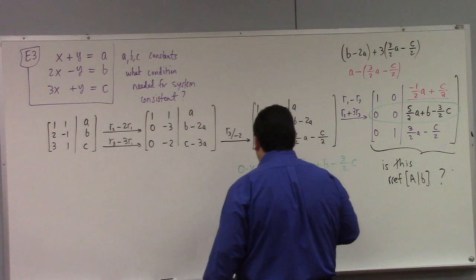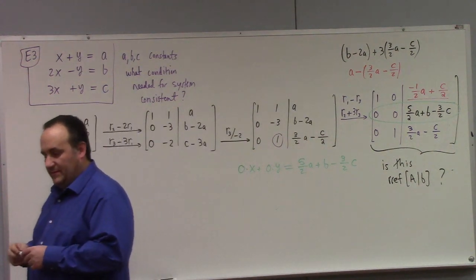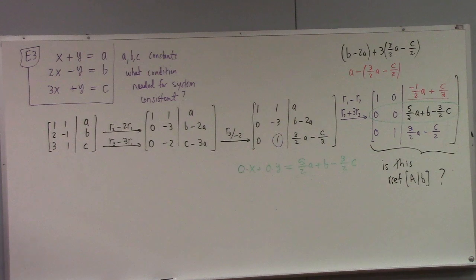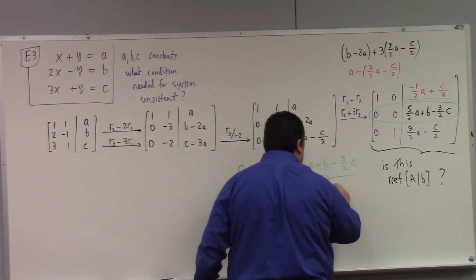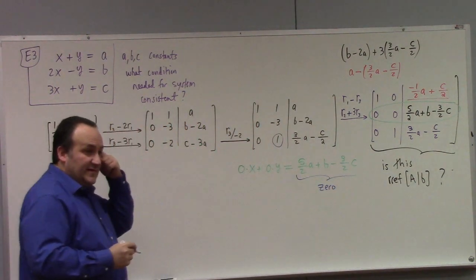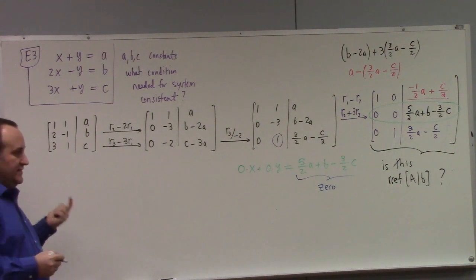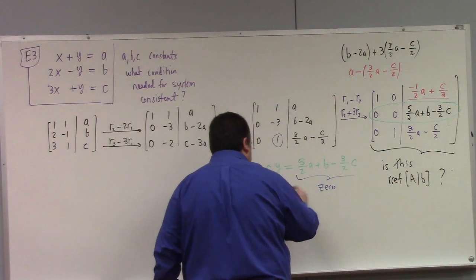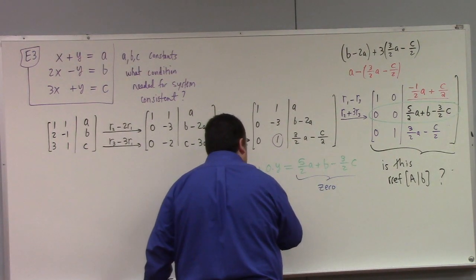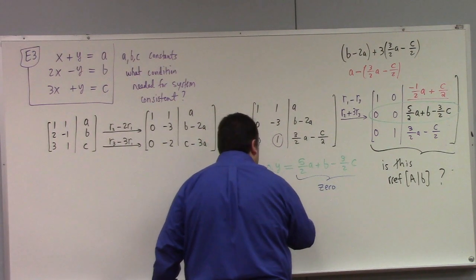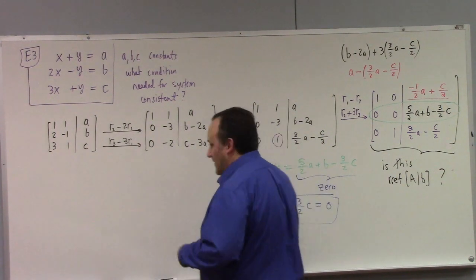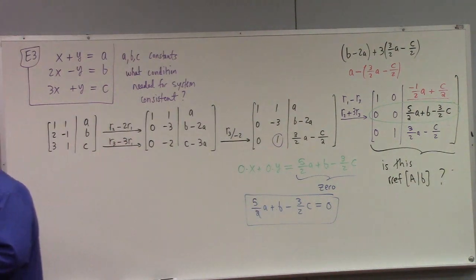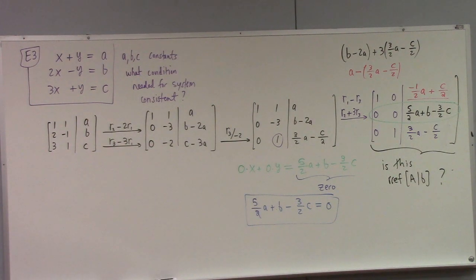Well, that's hard to do unless there's only one way to salvage that: we must have that this is 0. In order for this system to be consistent, the condition on a, b, and c is that 5 halves a plus b minus 3 halves c is equal to 0. That is the general condition needed for these 3 equations and 2 unknowns to be consistent.